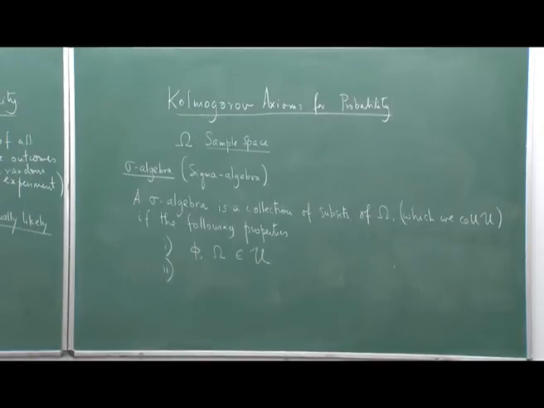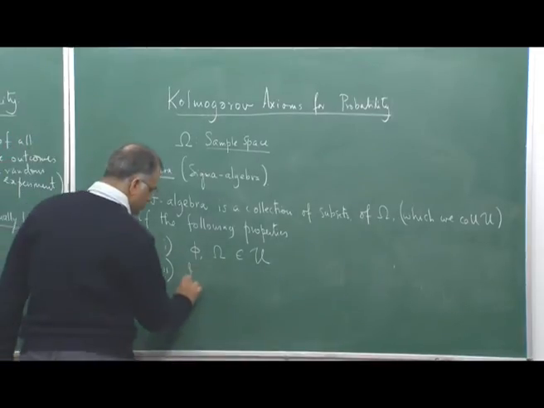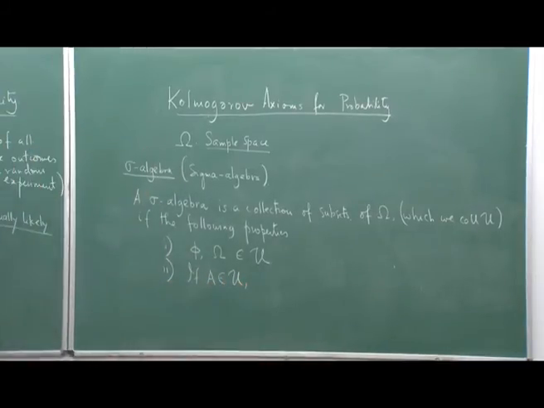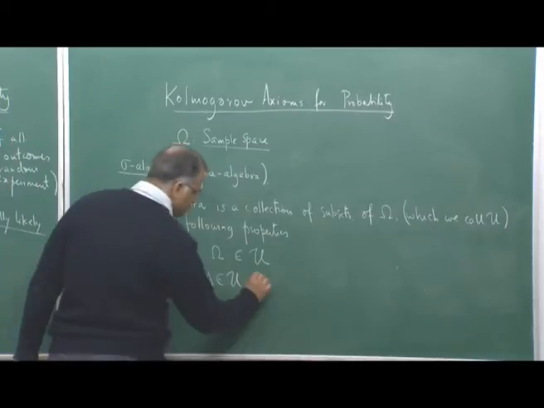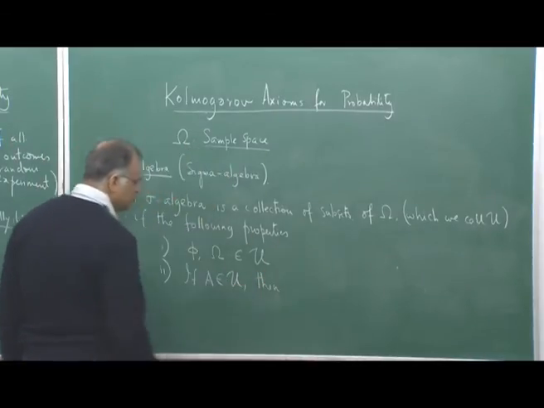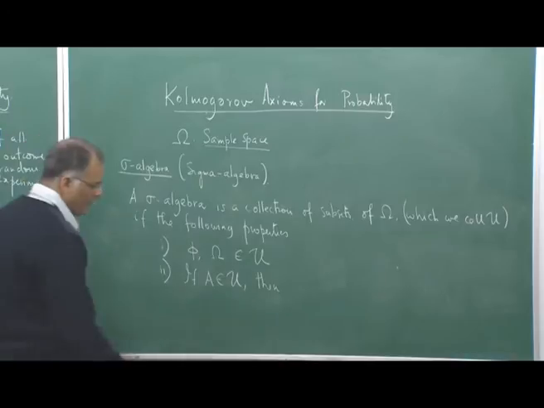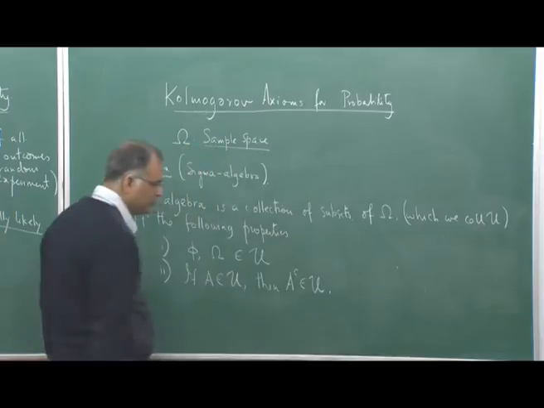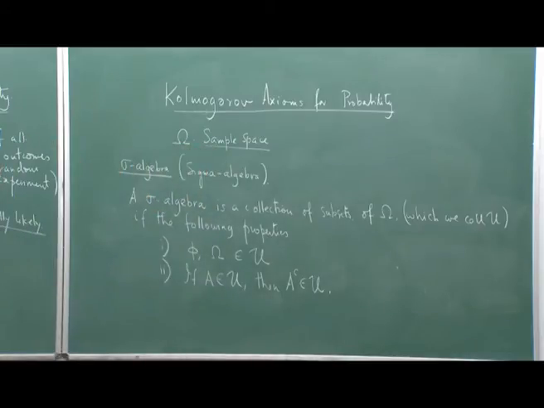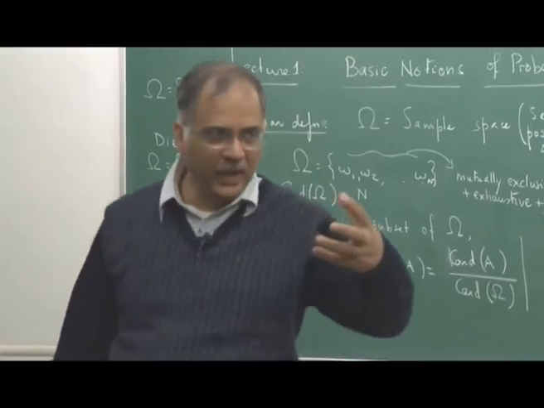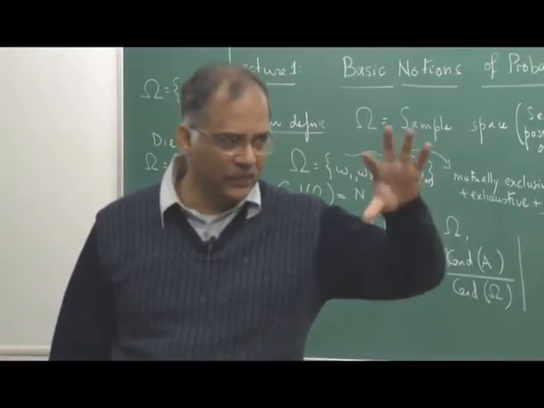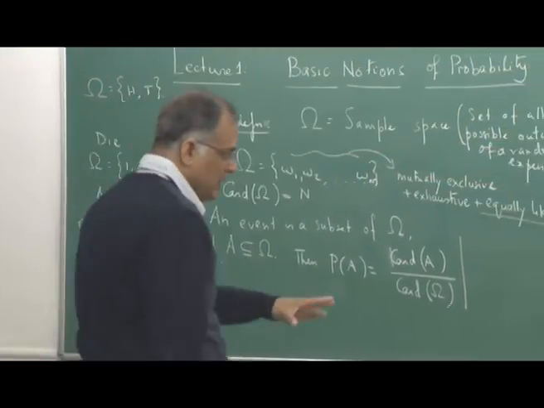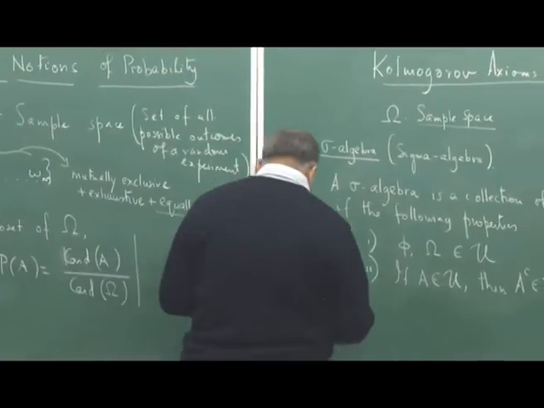If A is an element of U, then A complement is also an element of U. This means if A is an event, then its non-occurrence is also an event, right. This is a very natural way of looking at events.